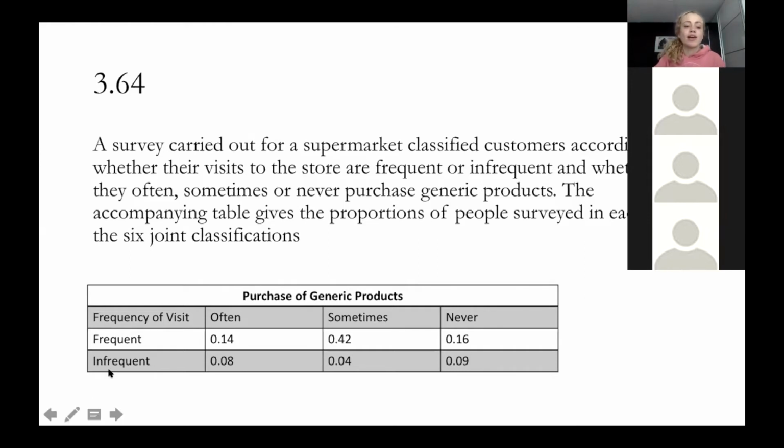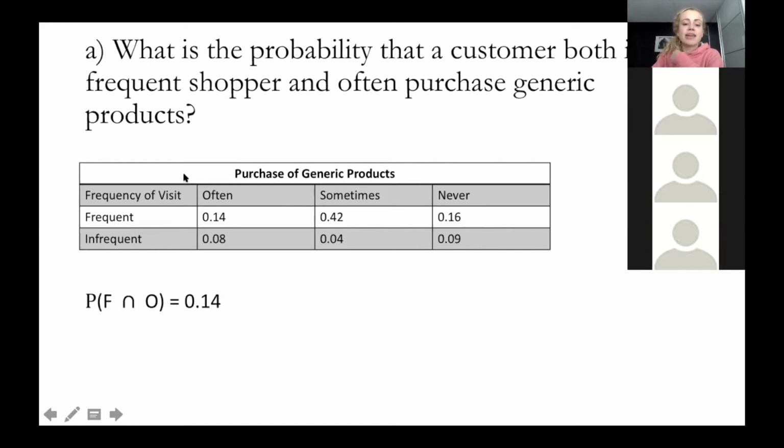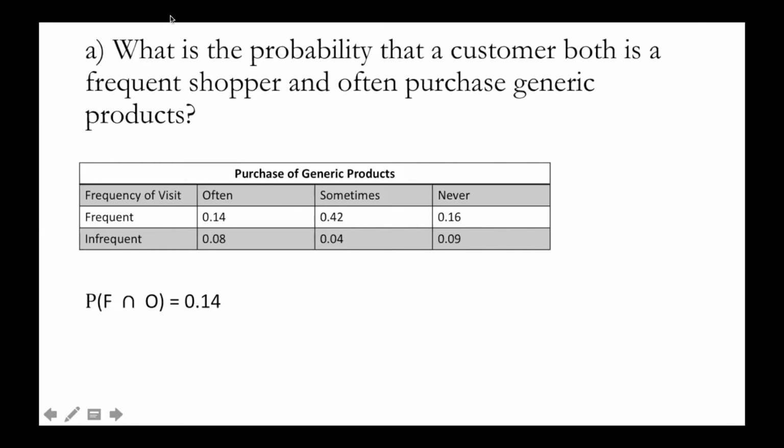And so we know that in this exercise, the purchase of generic products can be often, sometimes, or never. And the first question will be then, what is the probability that a customer both is a frequent shopper?